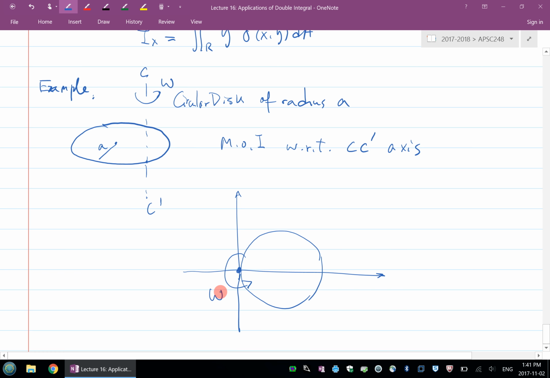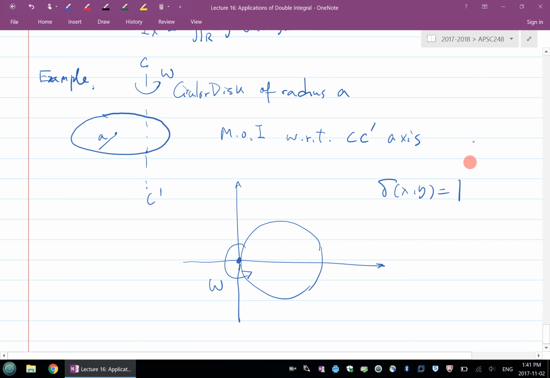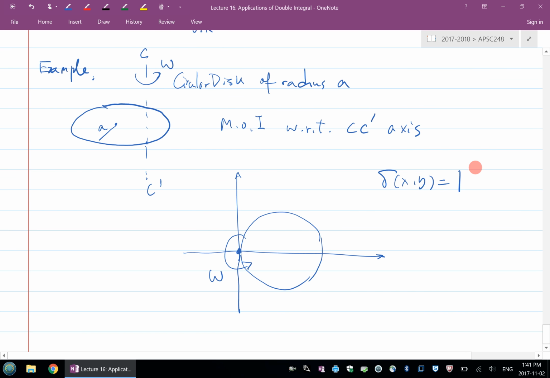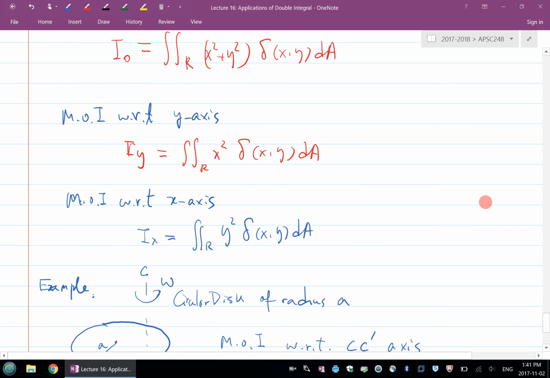Now I'm going to give you another quantity here. Suppose the density is a constant, it's 1 across the whole thin plate. So let's do the calculation. In this particular case, you need to identify what formula to use.